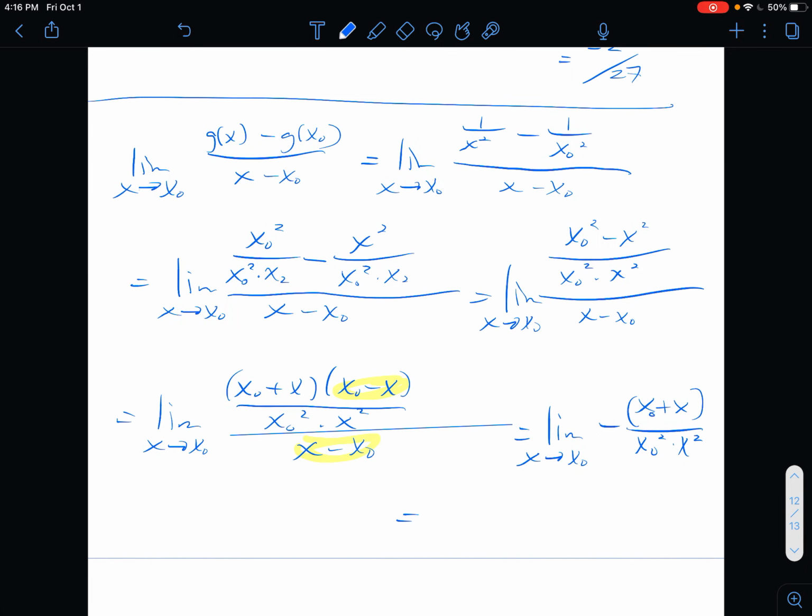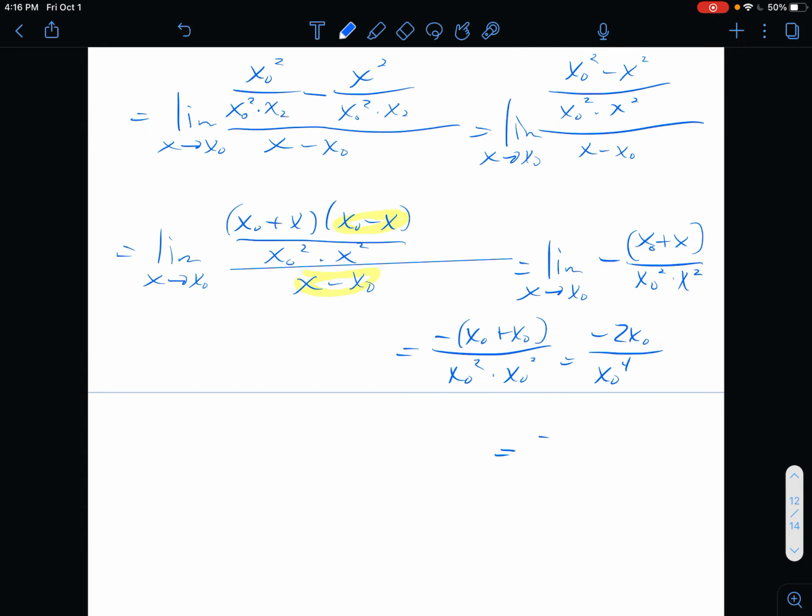So I can plug in. Wherever I see an x, it is now this unspecified x naught. So I have negative (x naught plus x naught) over x naught squared times x naught squared. So that's negative 2x naught over x naught to the 4th, and that simplifies to negative 2 over x naught to the 3rd. If I plug in 3, I would have a 27 in the denominator like I saw before.